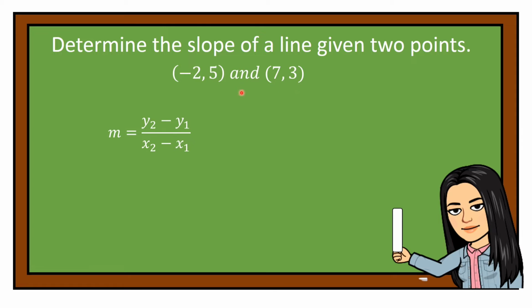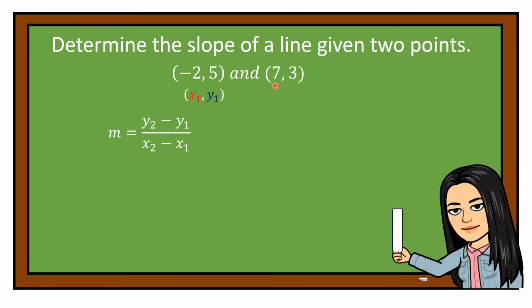So, substitute ulit natin siya sa formula na m equals y sub 2 minus y sub 1 over x sub 2 minus x sub 1. So, first step, label each pairs of points. So, first ordered pair will be our x sub 1, y sub 1.